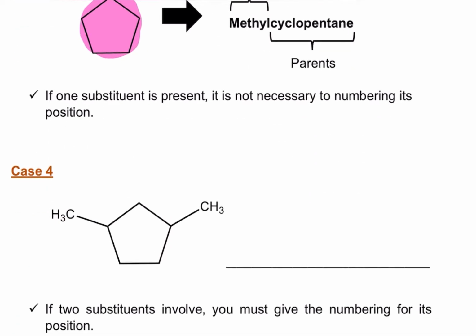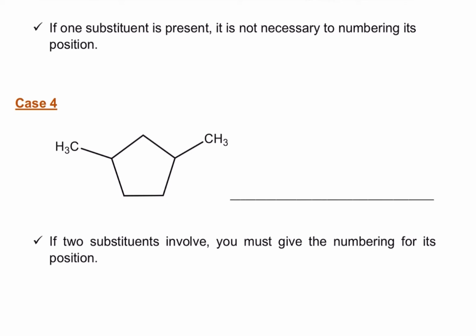However, if we take a look at case number 4, you have 2 substituents involved. Of course, this ring is going to be your parent, so this is still the same case as before. The parent name will be cyclopentane. However, I have to give the numbering for my methyl groups because I have 2 of them. I'm going to start from whichever methyl group I want. For example, I'm going to start from the left, number 1.